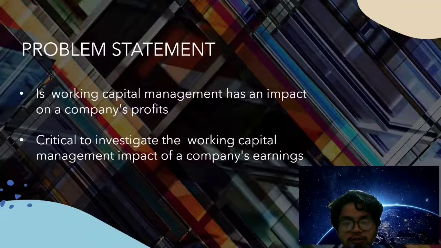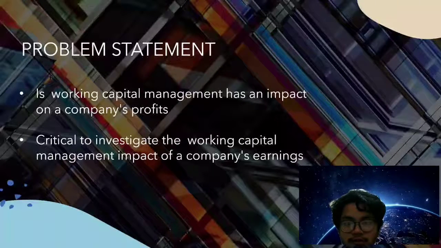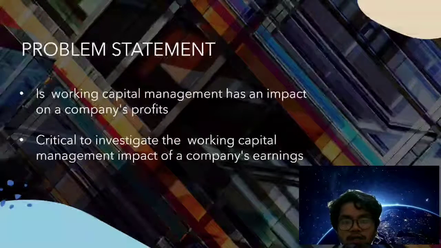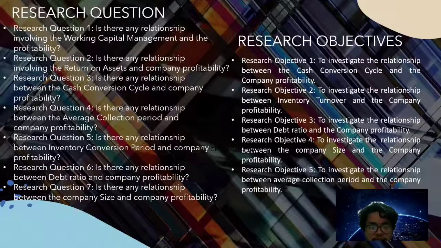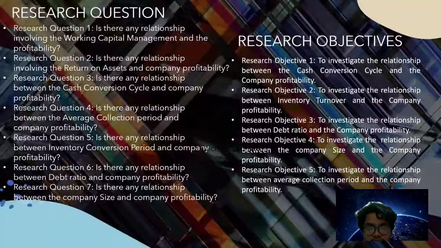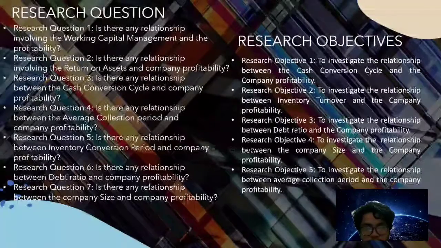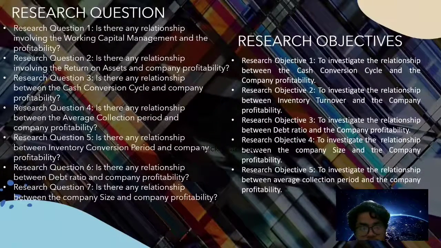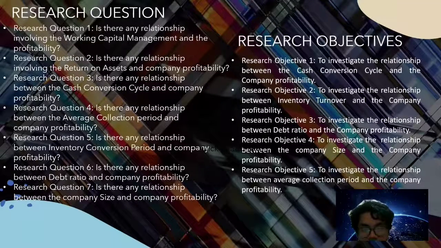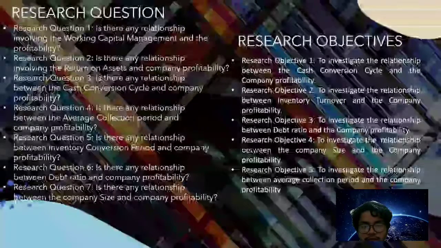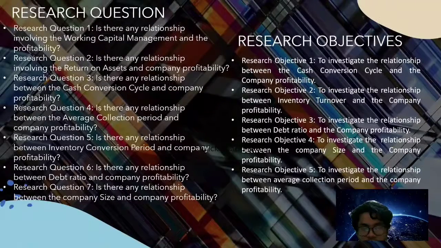The next is the research questions and research objectives of the report. There we can see we have 7 research questions, which ask whether there is any relationship between the dependent variable of working capital management and return on assets, the cash conversion cycle, the average collection period, the inventory turnover, the debt ratio, and the company size, and whether they have an effect on the company's profitability.